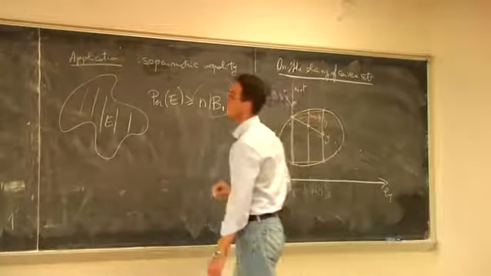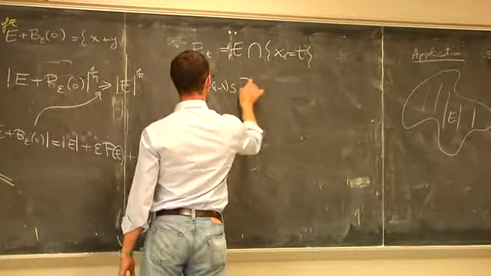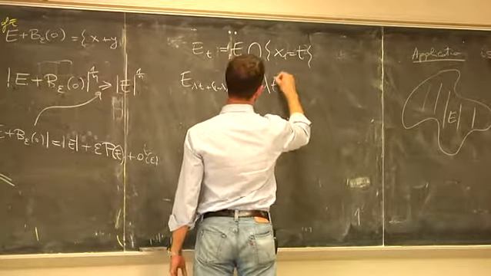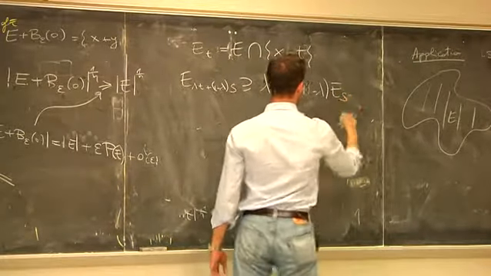So this is the hyperplane x1 equal t. Then you know that E_{lambda t plus (1 minus lambda) s} contains lambda Et plus (1 minus lambda) Es.